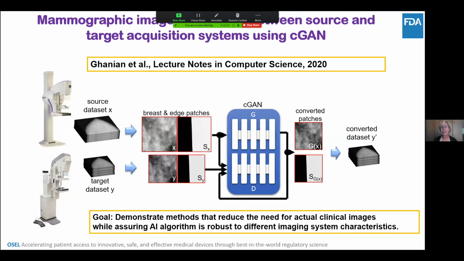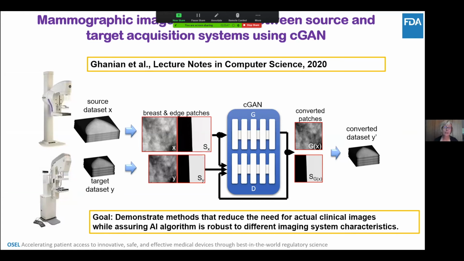Rather than the need to get images from all those other devices, wouldn't it be great if you had credible approaches to modeling data that would allow for you to bring down the amount of actual clinical data that you would need? And would FDA accept that approach?